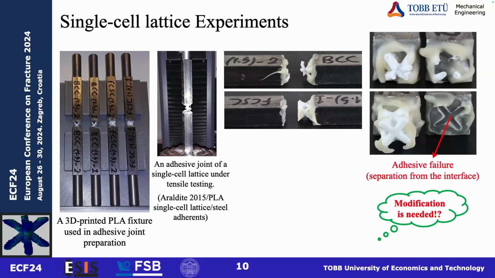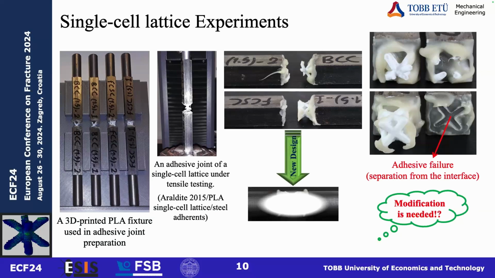And after tensile testing, we check the fracture surfaces. You can see in adhesive samples with BCC lattice, the failure occurred in the lattice itself, but it's not the case for FCSC lattices. In other words, adhesive failure occurred in these samples.